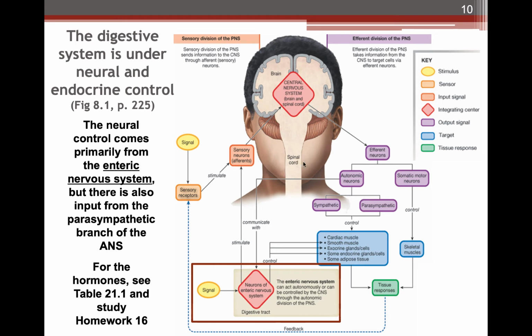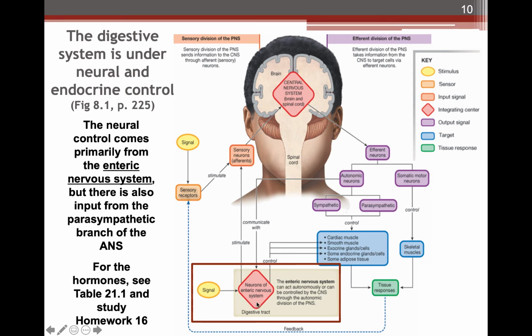We finally get to talk now, a little bit at least, about the enteric nervous system. This is a figure from earlier in the class, figure 8.1, back when we were just getting our feet wet with the nervous system. The enteric nervous system is a separate neural net outside of the brain and the spinal cord, the central nervous system.